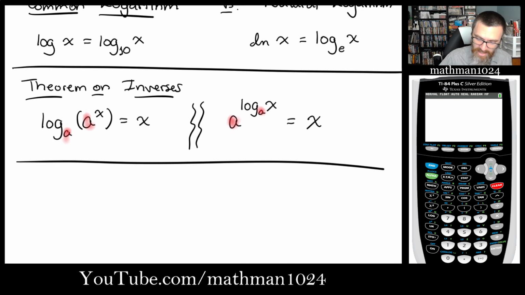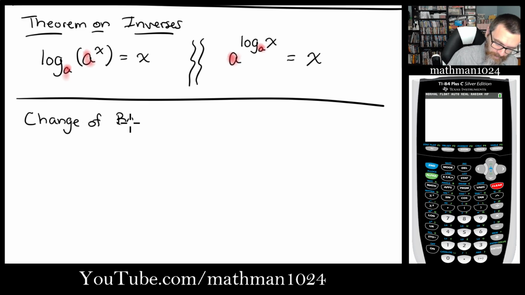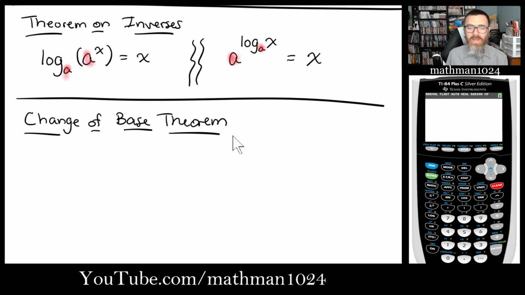And the last guy, which I think is a pretty big guy, is very useful. It's the change of base theorem. Now, what this allows us to do is rewrite a logarithm to any base that we want.